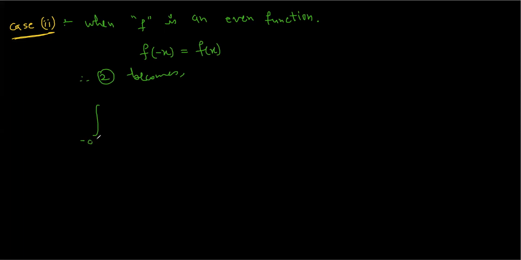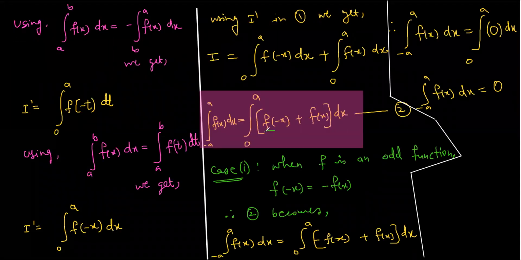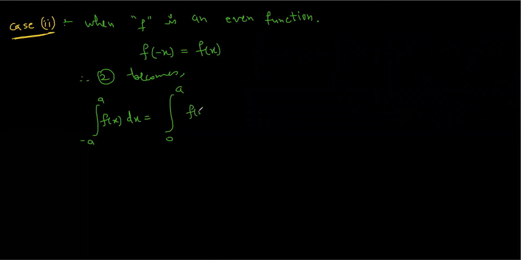You will have here minus a to a f of x dx is equal to 0 to a, f of minus x, what you will write? You will write f of x plus f of x dx. Okay, so what will it become?